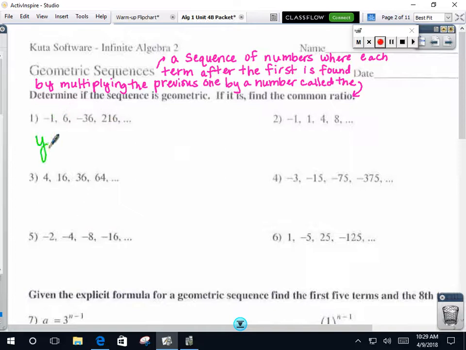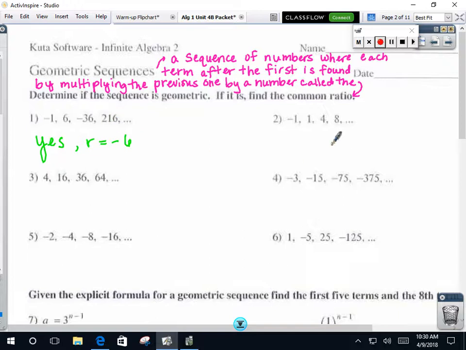Okay, so it is geometric, and what did you say they're multiplying by every time? -6. Because look, a -1 times a -6 will produce a +6. And then a +6 times a -6 will give you a -36. And then -36 times -6 will give you +216.